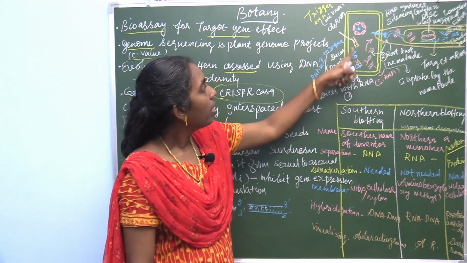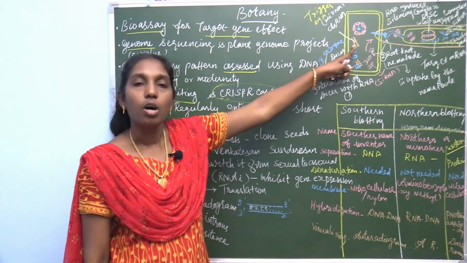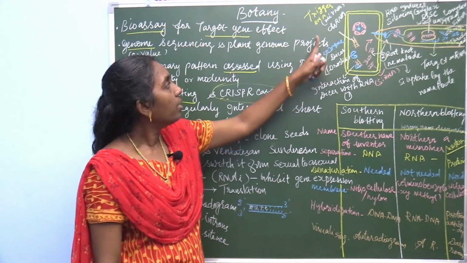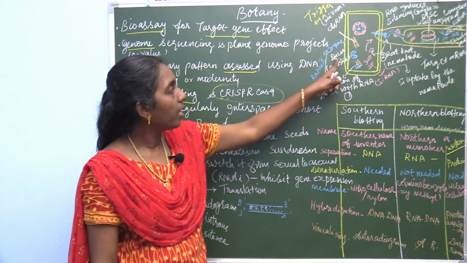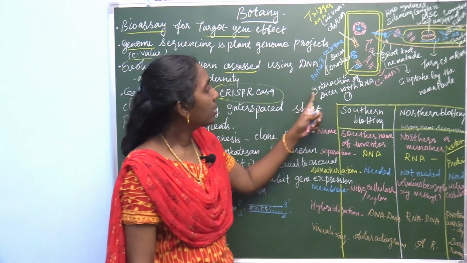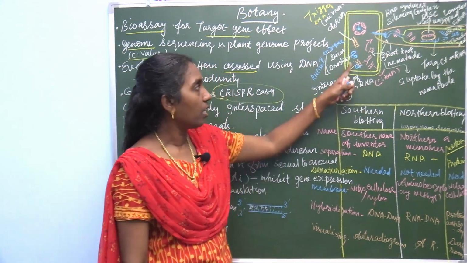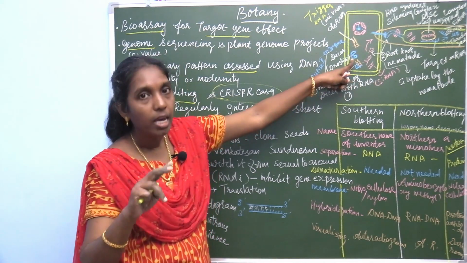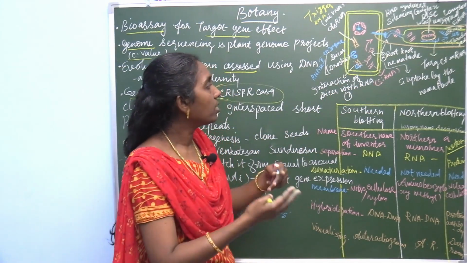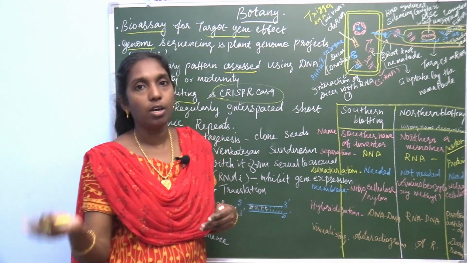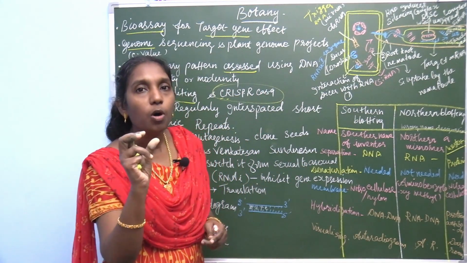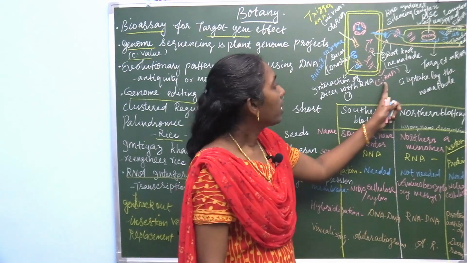This is the enzyme and this is the RNA, in the form of mi or ds. The RNA is triggered by the enzyme Dicer. When Dicer interacts with the RNA, it produces siRNA, short or small interfering RNA.